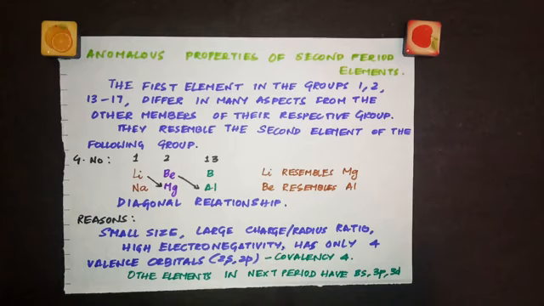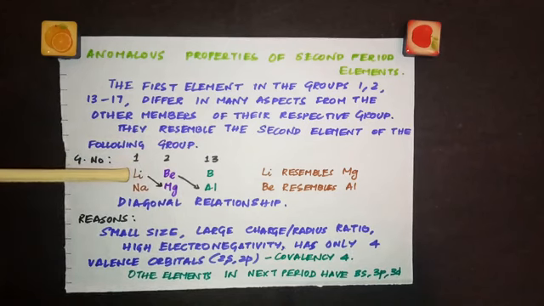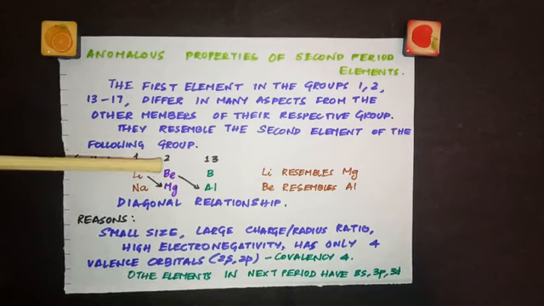Another reason for their anomalous behavior is that they have only 4 valence orbitals in their outermost shell. If you take lithium, beryllium and boron, the electronic configuration for lithium is 2, 1, for beryllium 2, 2, and for boron 2, 3. So what is the valence shell? It is the L shell.